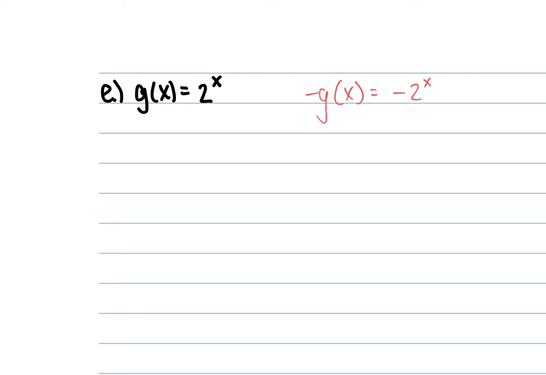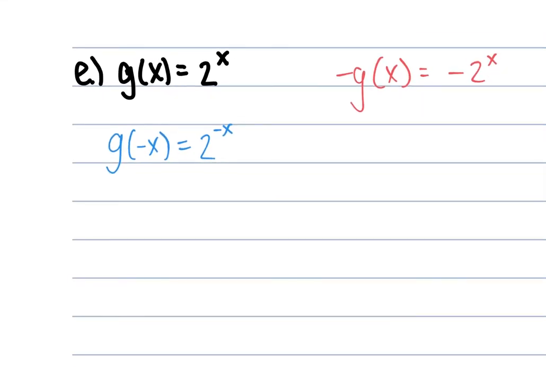Then what do I do? Isa? Then plug in negative x, so g of negative x equals 2 to negative x. Excellent. We're raising it to the negative x power, which gives you 2 raised to x.